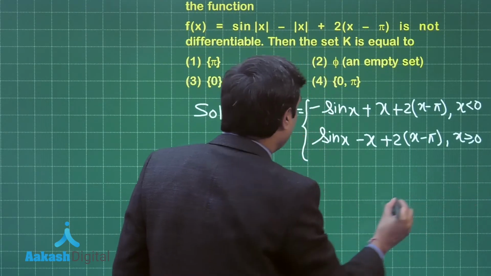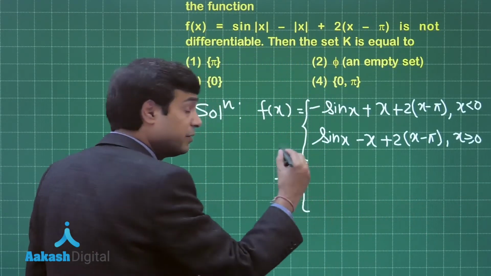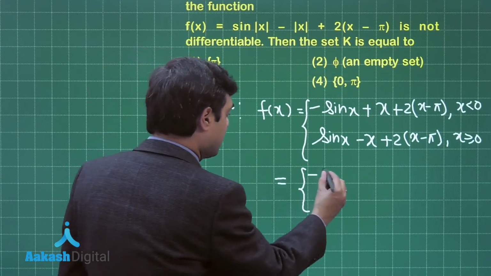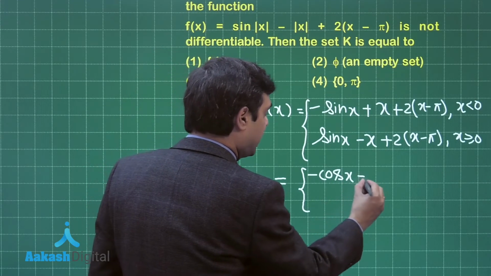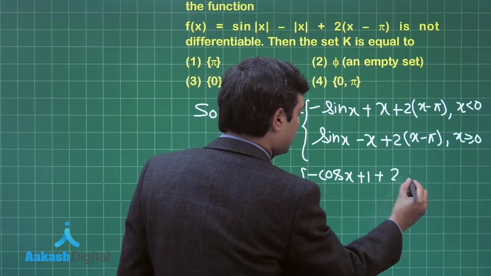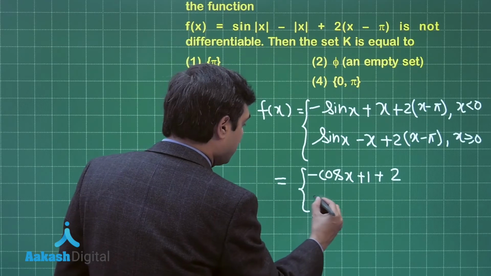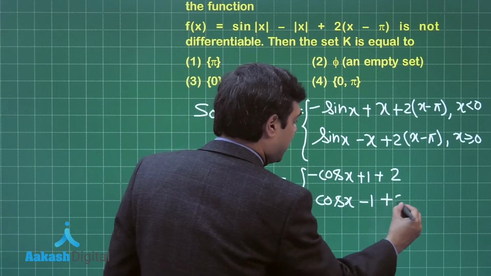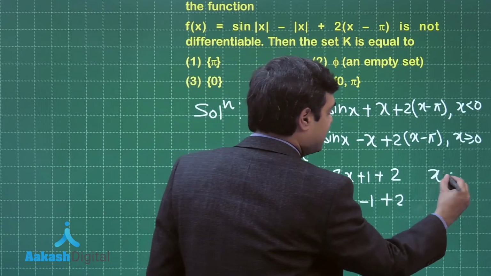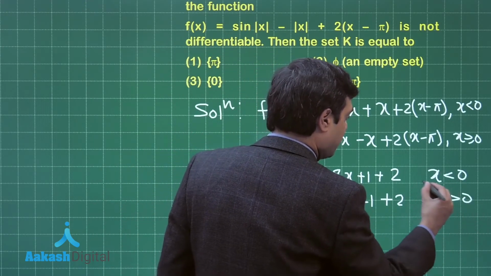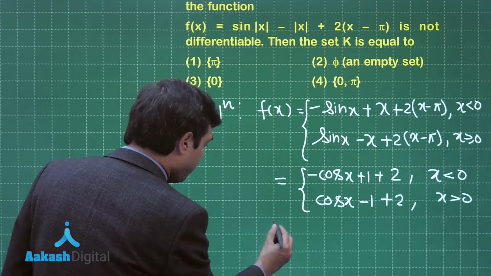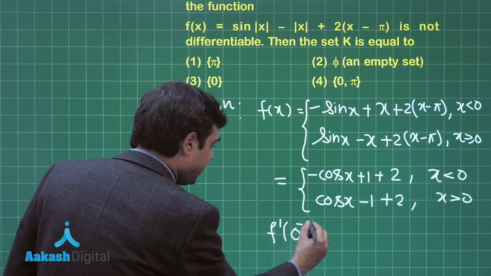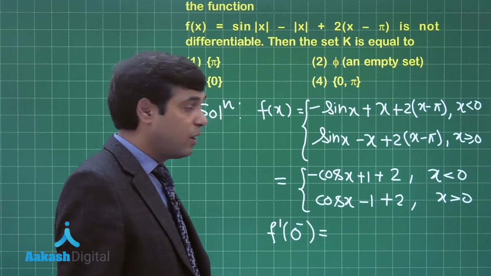Let's differentiate on each side excluding the endpoint. We get minus cos x plus 1 plus 2 when x is less than 0, and cos x minus 1 plus 2 when x is greater than 0. When you approach towards 0 from the left hand side, that is f dash of 0 minus, what's the result?